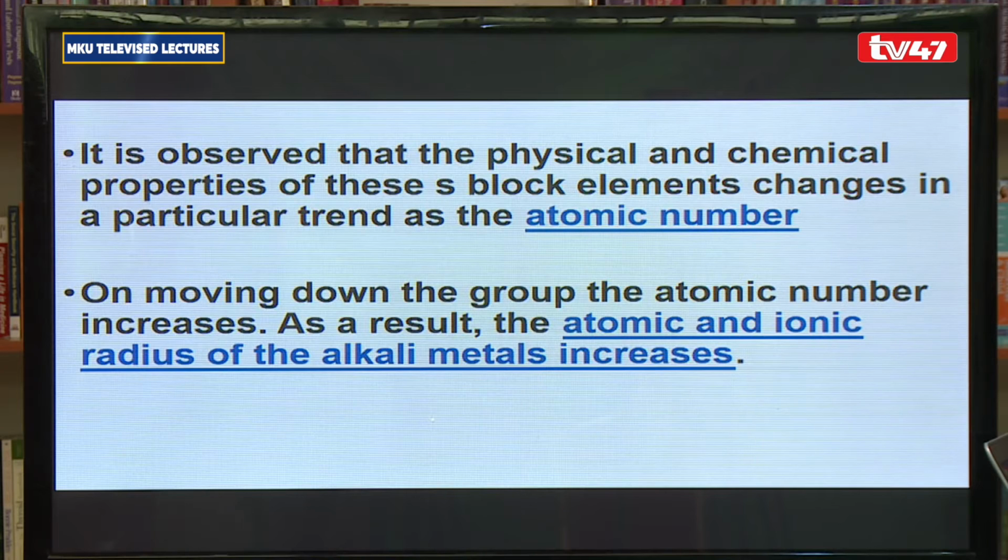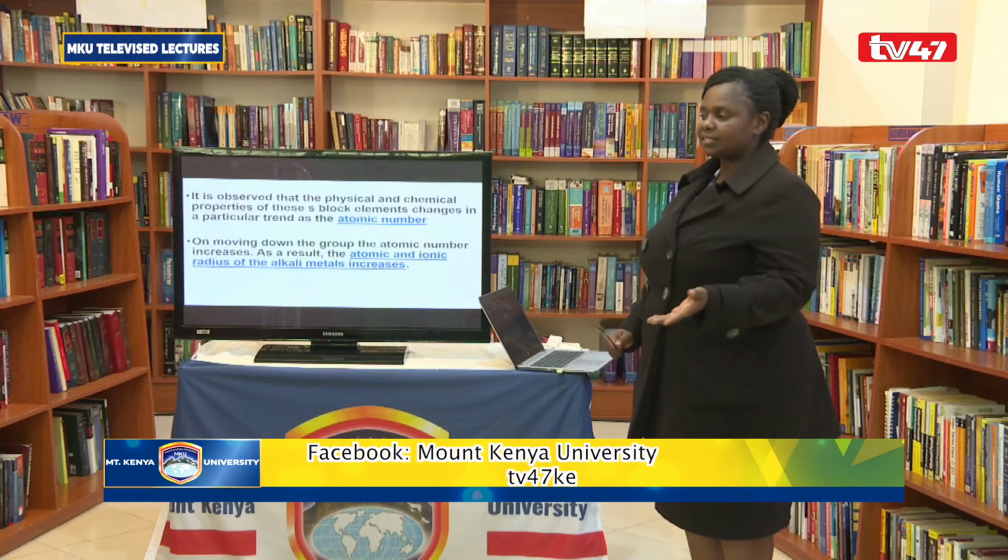With an increase in atomic radii, the ionization energy is low, and that makes the reactivity of the alkali metals increase down the group. Metals react by losing electrons, and so the more easily an element can lose electrons, the more reactive it's going to be.